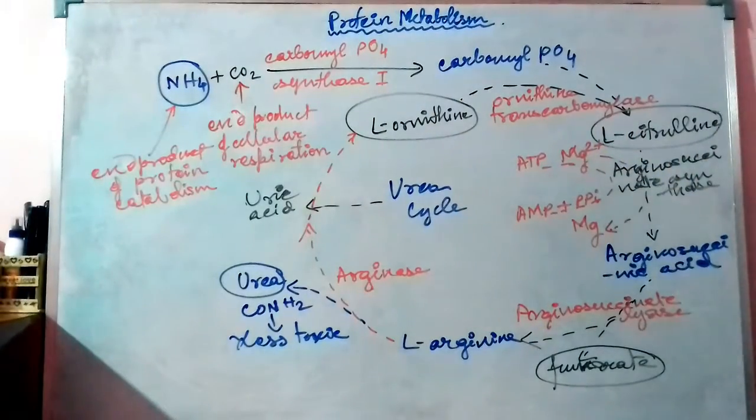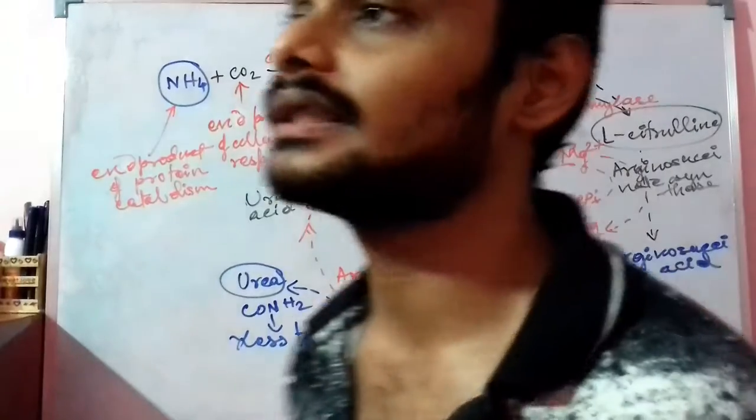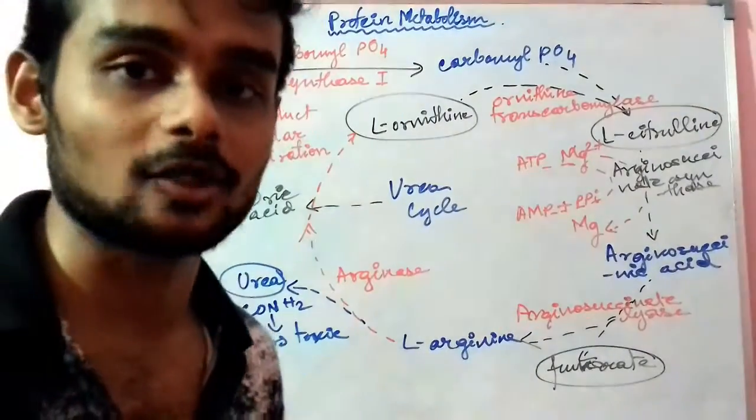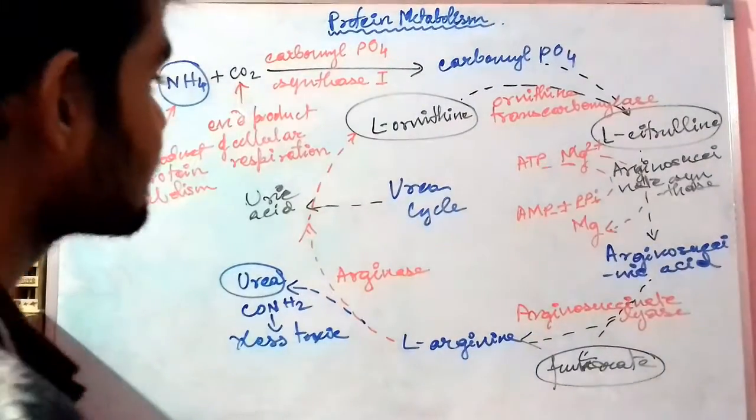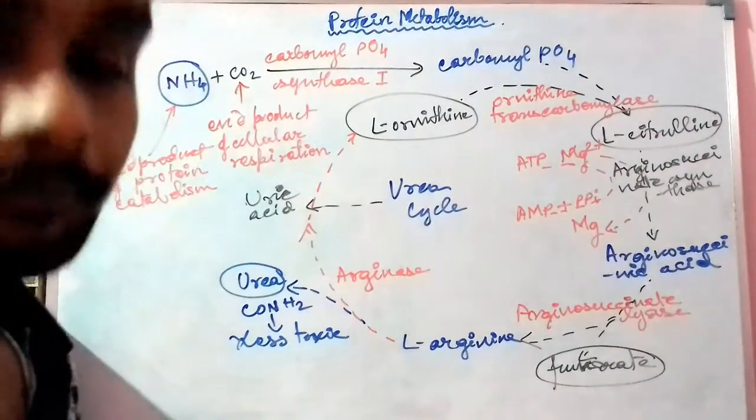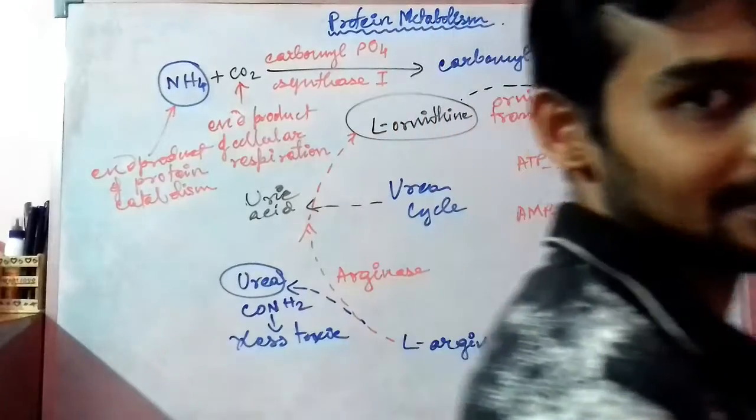And there is also ammonotelic. Ammonotelic organisms are specifically the higher group of mammals like humans. So in humans, not only urea is excreted, but also ammonia is excreted.